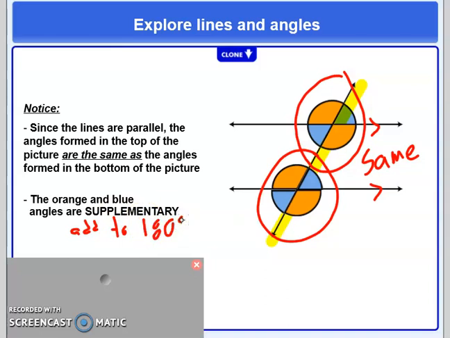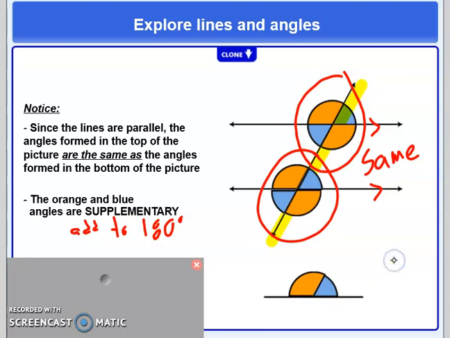So if I took, let's say, one orange angle and the adjacent blue angle, you're going to notice, once I get it set, there you go, that underneath it, it creates a straight line.